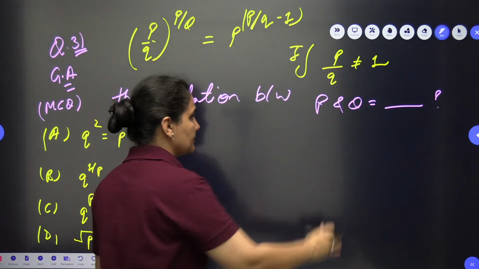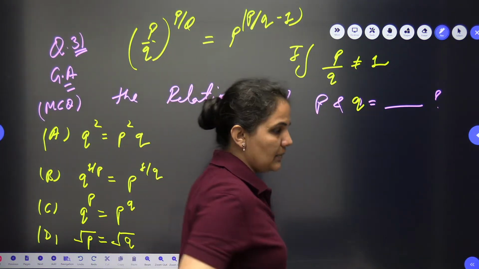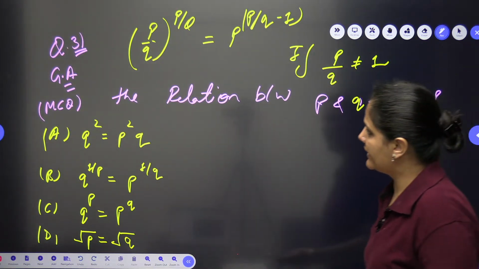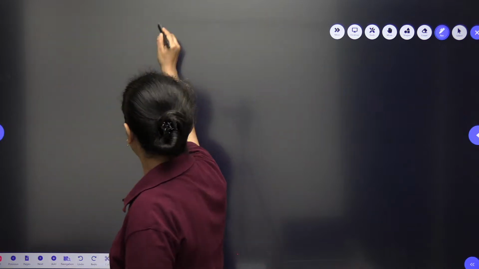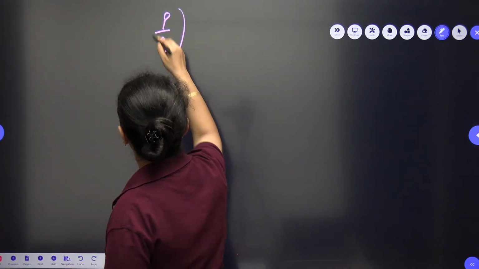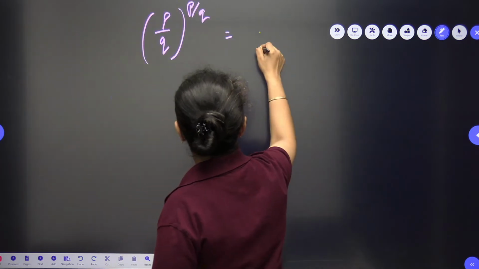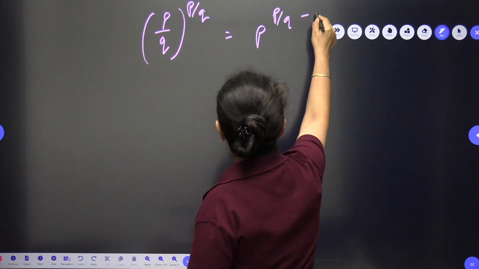All right, we need to find out the relation between P and Q. Okay, so let's approach very easily, we can go with this question. So let's start with what is given to us, (P by Q) to the power (P by Q) is given to us, and that is equals to P to the power (P by Q) minus 1.